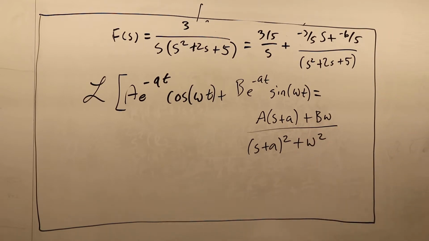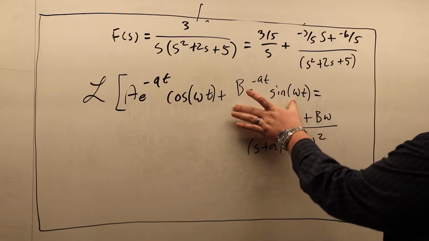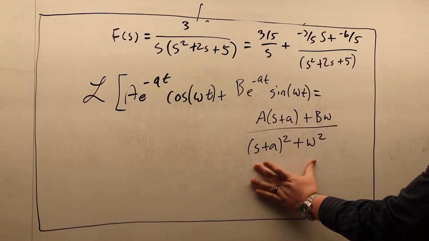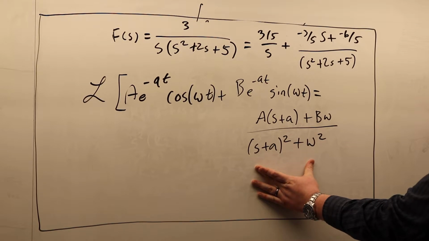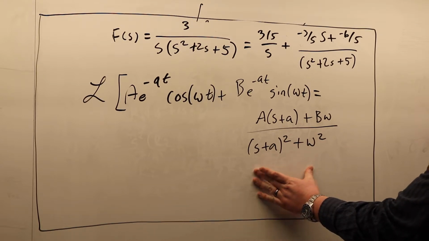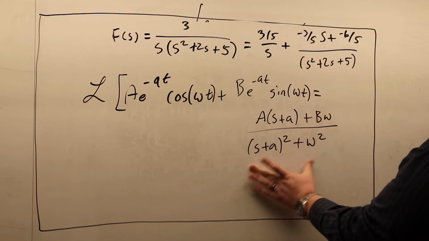Okay. So what do we have to do then? In order to find these sinusoidal terms for our inverse Laplace transform, we have to get this expression here into a form that looks like this to find this solution. So we essentially have to rewrite this guy to look like this.